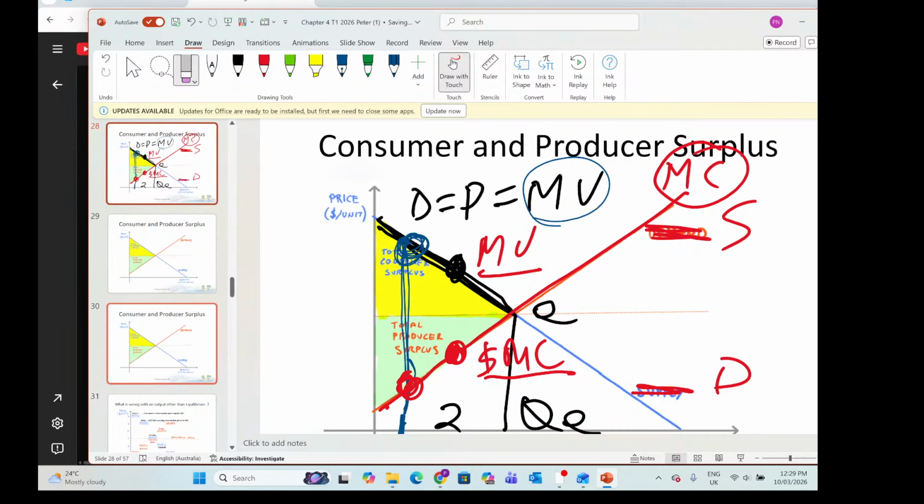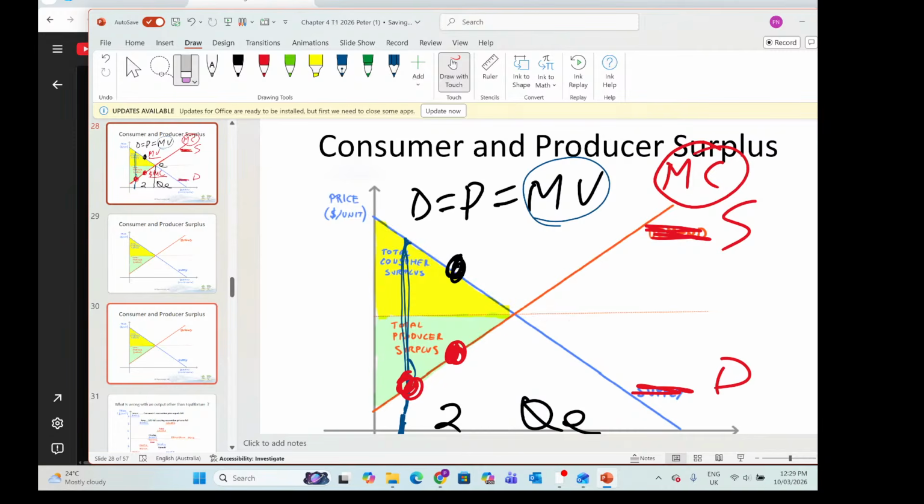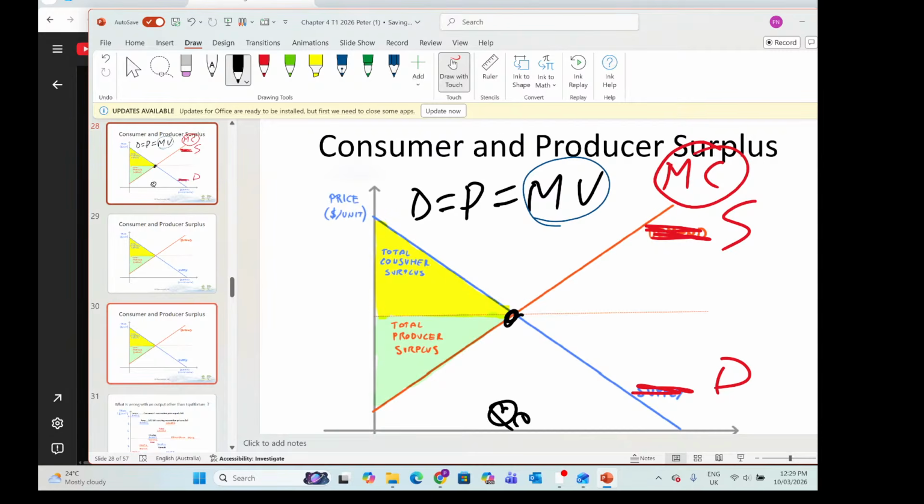So one way we could think about all this is to say, this is QE.